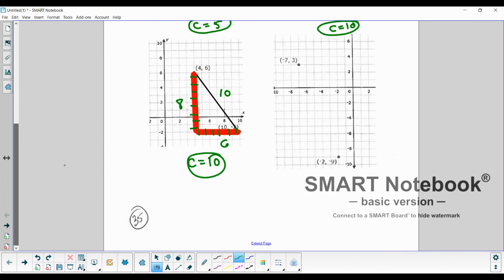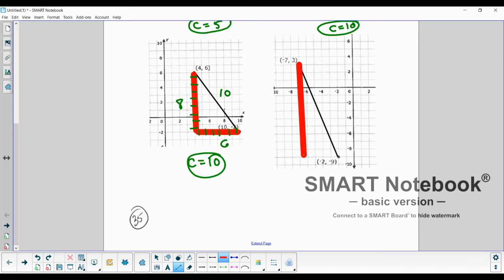And then we'll take a look at this very last one. Again, drawing the distance or the segment between the 2 points since it wasn't there for us, and going straight down and straight over to make our 2 legs. Let's count. 1, 2, 3, 4, 5, 6, 7, 8, 9, 10, 11, 12.